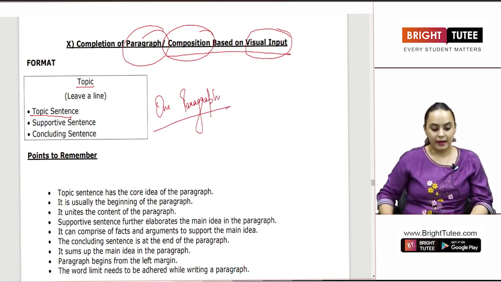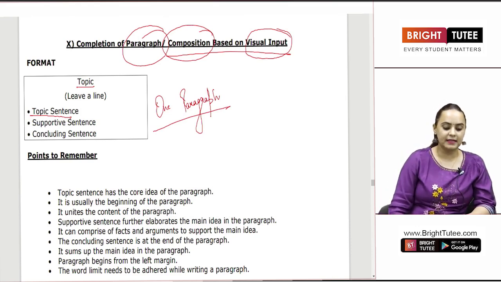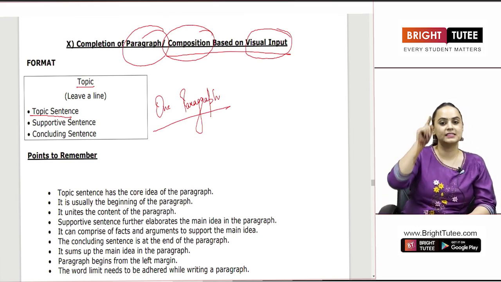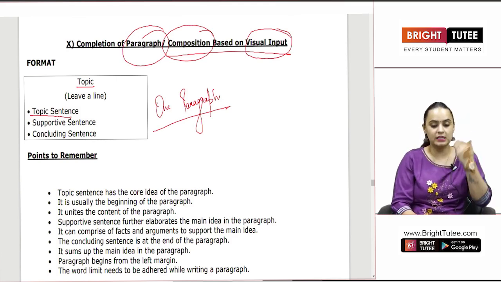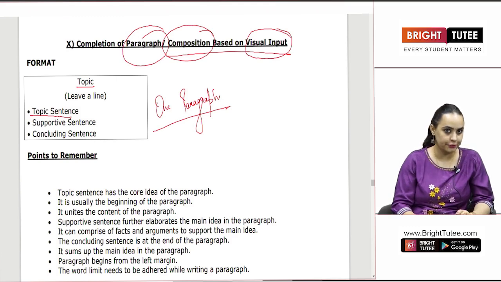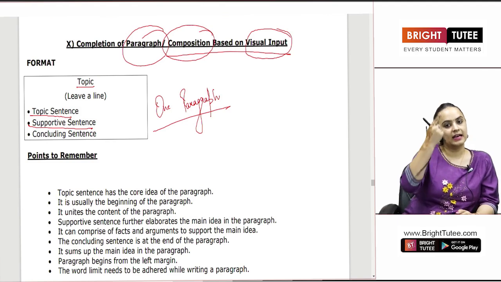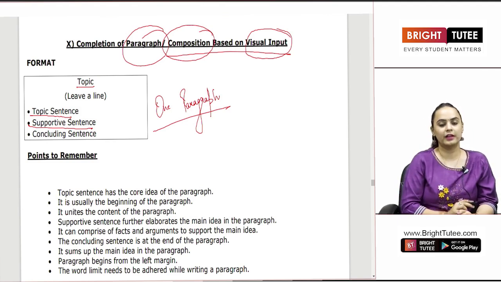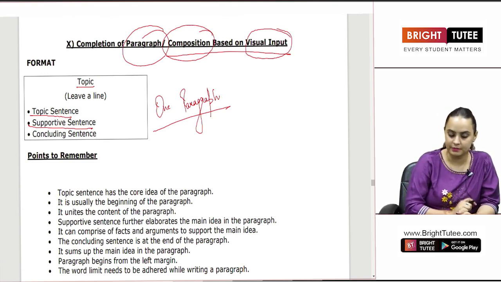When you write the paragraph, the first thing to be written at the top is a topic sentence. Topic sentence means the first sentence which will give you the idea of the whole paragraph. Then come your supportive sentences, whatever are the main ideas, the main things that you wish to elaborate on, we write them.